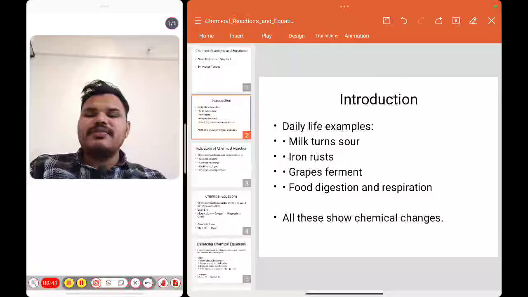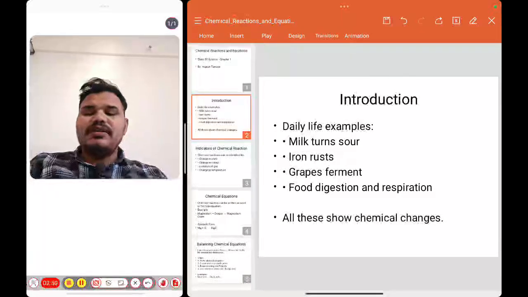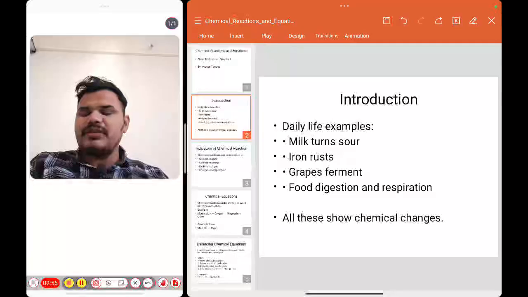And as for respiration, we have a quite simple idea: inhale oxygen and exhale carbon dioxide, but it's not a very simple process at all.